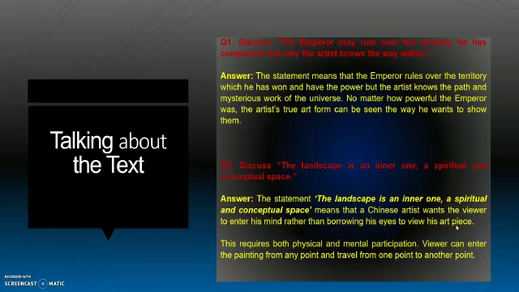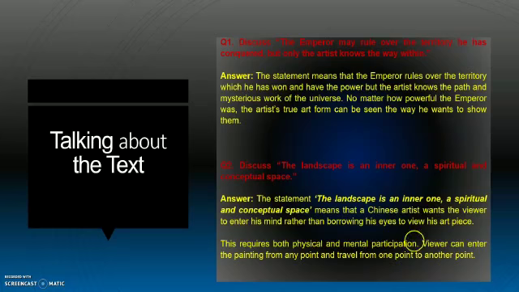This means that when the Chinese artist draws his painting, colors it and beautifies it, he wants the people to enter his mind and understand the painting, not just to borrow his eyes and look at it. It's a mountain, okay fine, it's a mountain. No, he wants the viewer, that is the people looking at it, to enter his mind and understand what he wants to show in the painting.